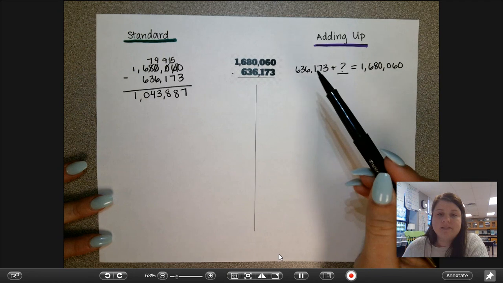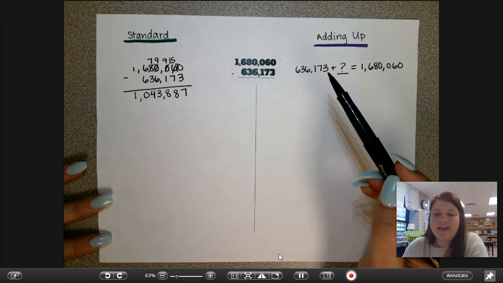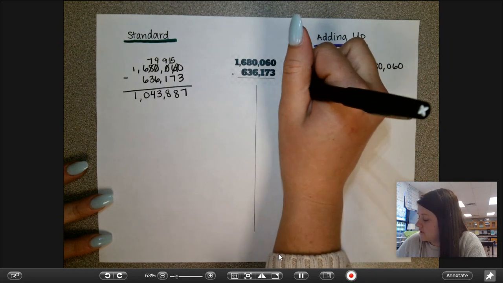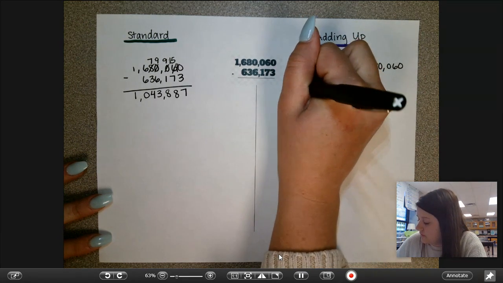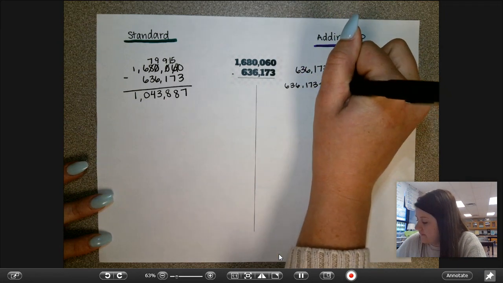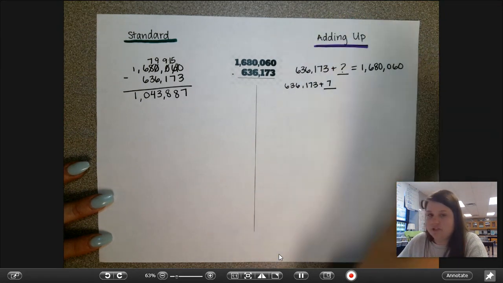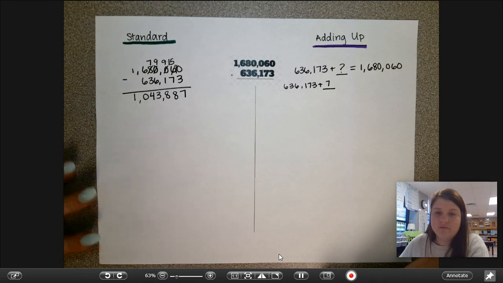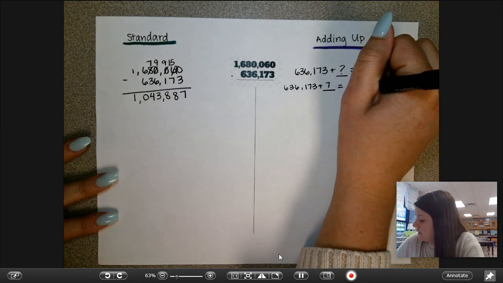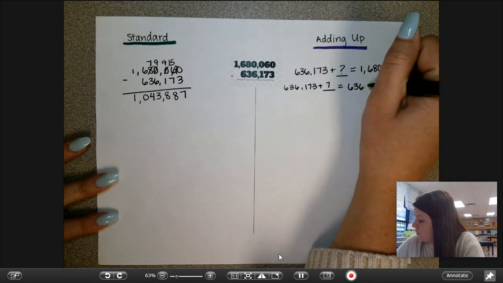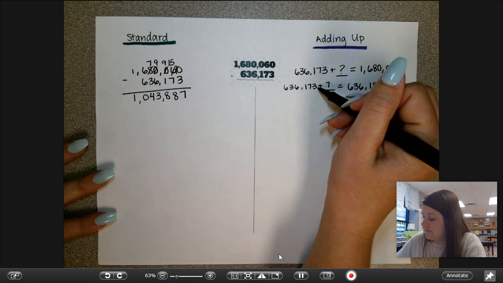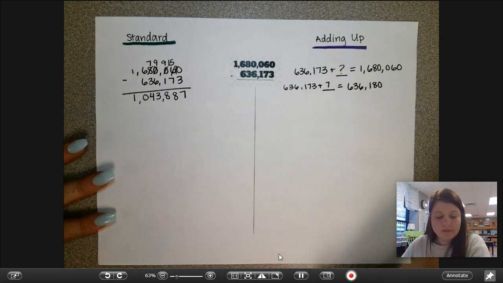So I know that to get this number to 0, I need to add 7 because that's going to create a 10 there. So I'm going to start by adding 636,173 plus 7. And I'm going to underline it just to keep track of myself. Now I'm up to 636,180 because I'm adding that 7 to 3, so it creates a 10.